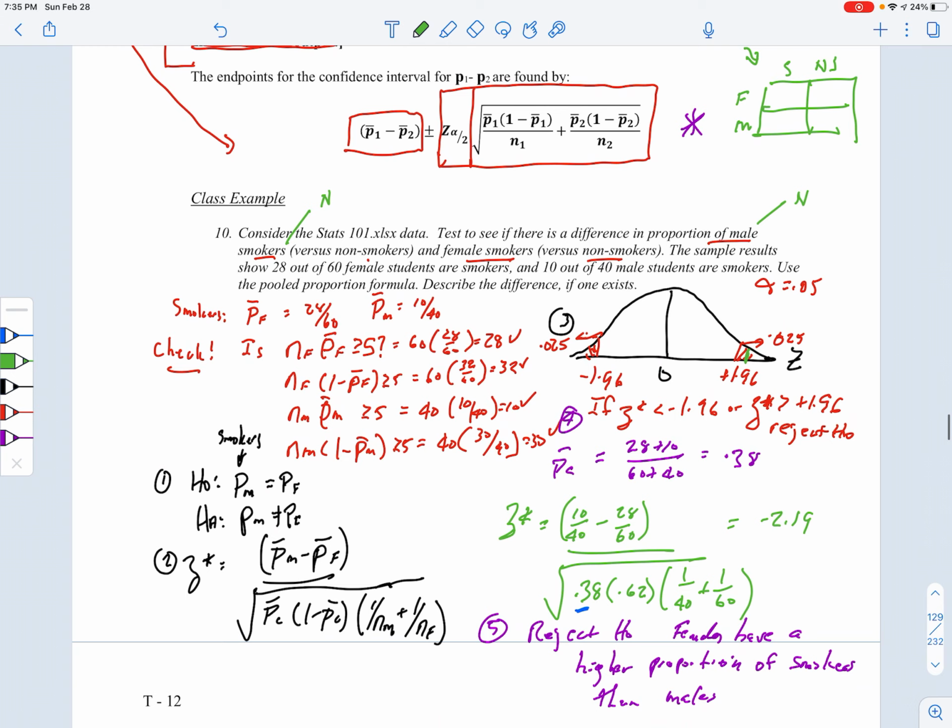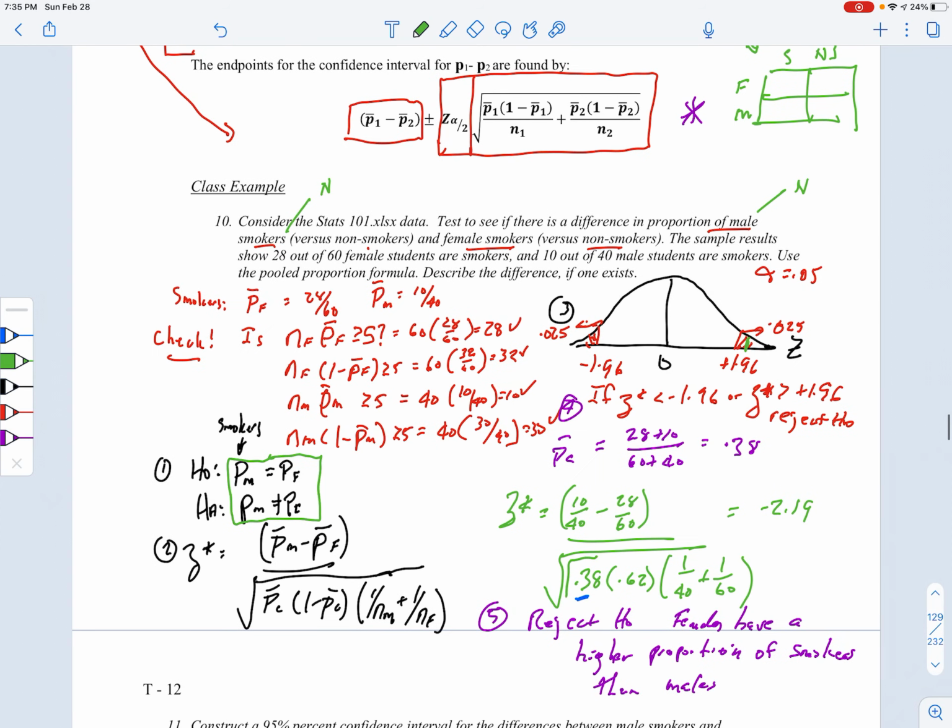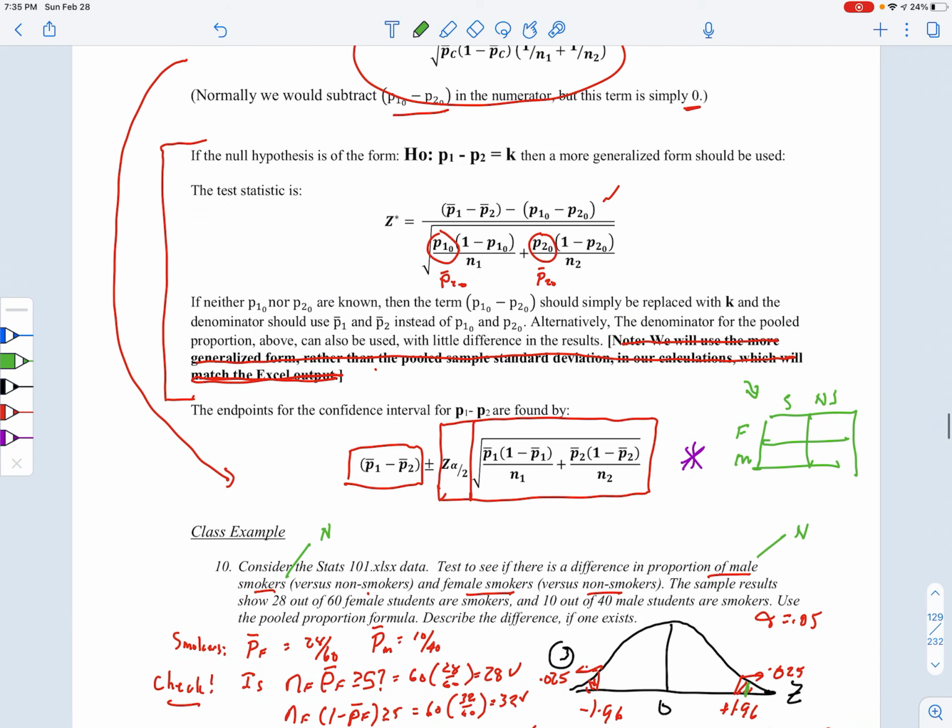Well, if you're just testing that the two proportions are equal, and you're using the pooled standard deviation, there's no advantage at all. You might as well just do this as a test of independence.